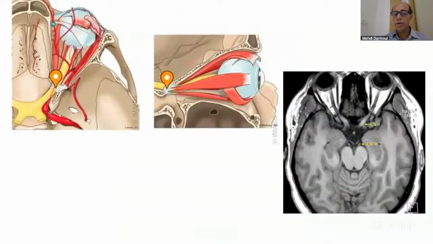Here is the relation of the optic nerve with different structures in the orbit, in the canal, and in the intracranial part, with the oculomotor muscles and also with vessels. Here is an MRI image showing the optic nerve in the orbit, in the canal, and intracranially. In the intracranial part, the second cranial nerve joins the opposite nerve to form the chiasm.